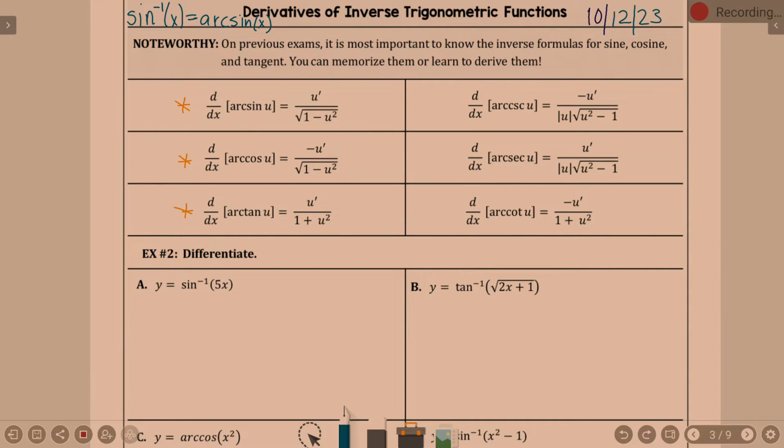So, let's look at example 2a. y equals sine inverse of 5x, and we're being asked to differentiate.